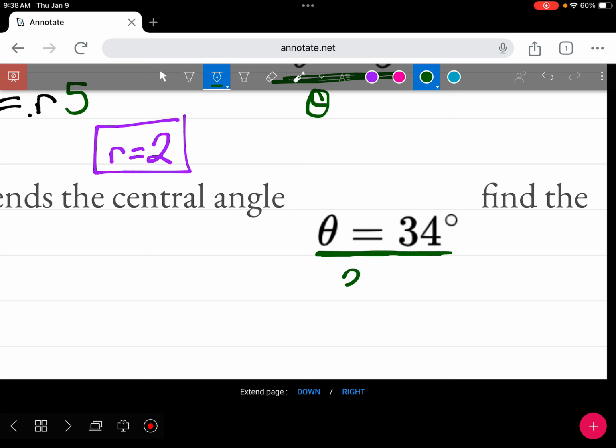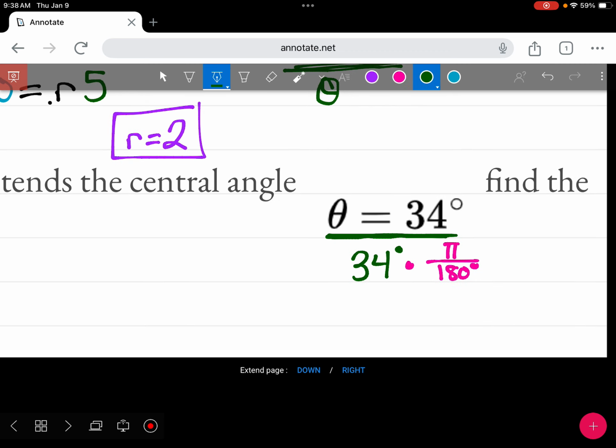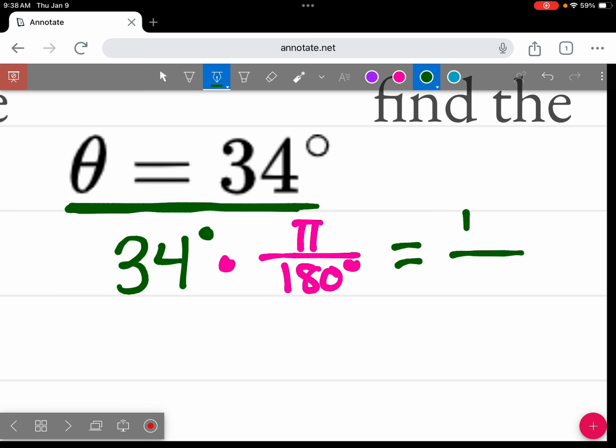We take our 34 degrees, and how do I make this be in radians? Divide by 180 and multiply by pi. Including simplification, that's going to give us 17 pi over 40.